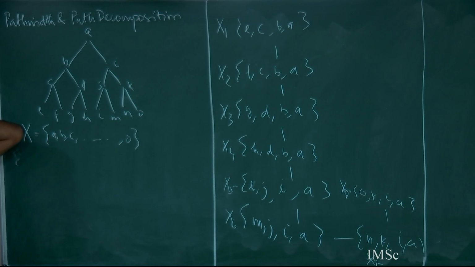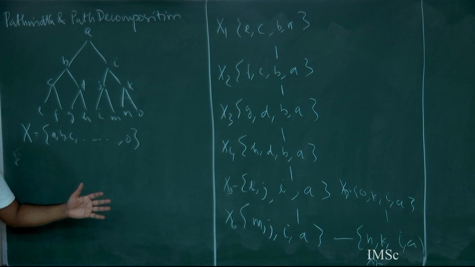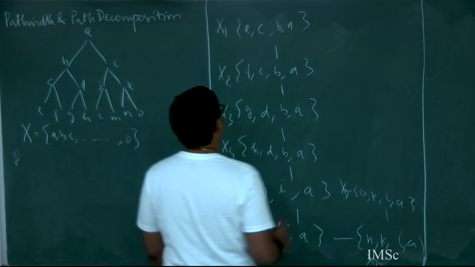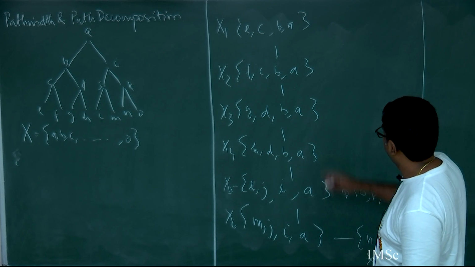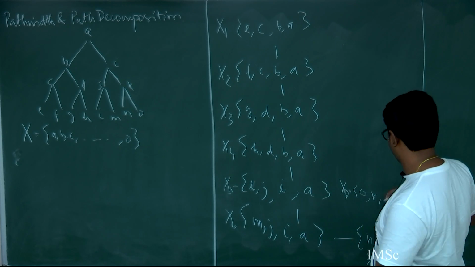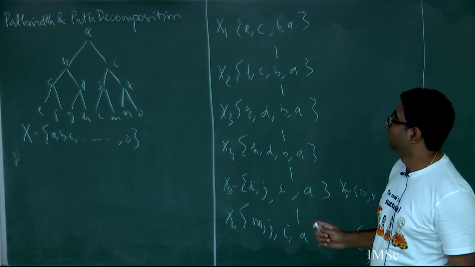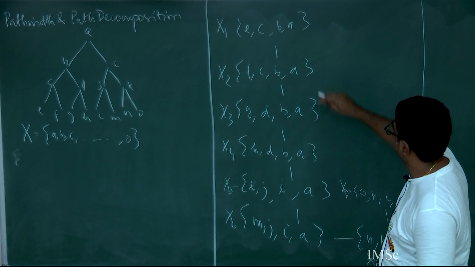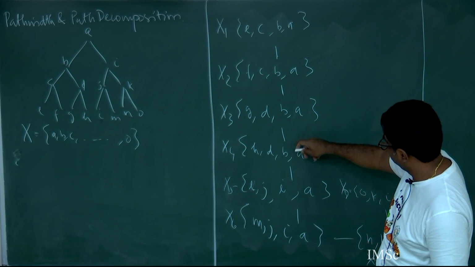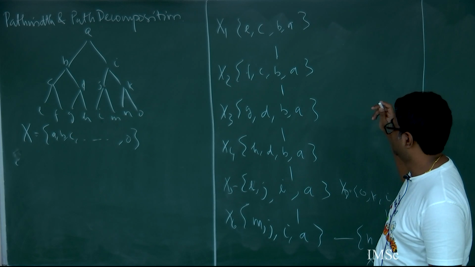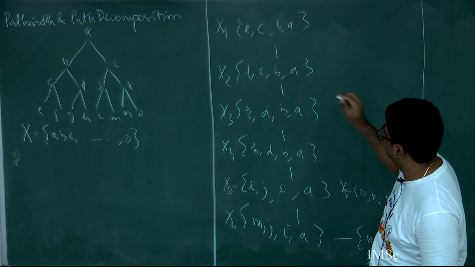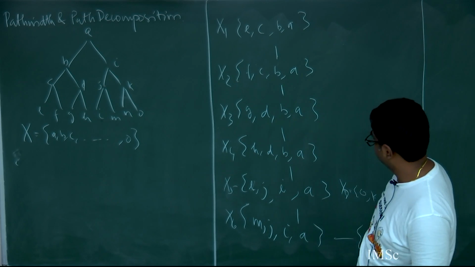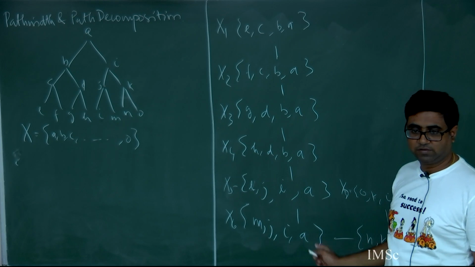Now we have to talk about connectivity: if a vertex appears, then it appears consecutively and then you lose it. So for example, A appears everywhere, so that's great. B appears, and then B is over, poor guy. C will appear here and then never again.